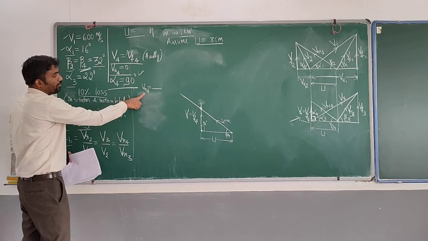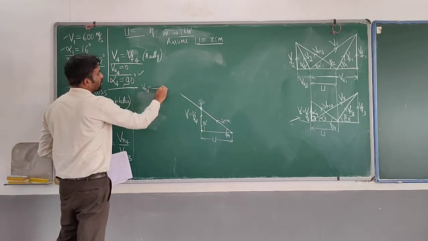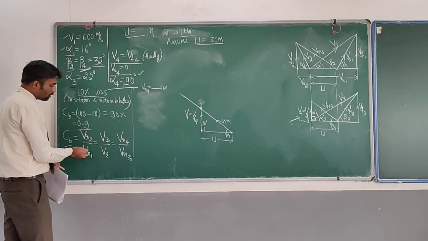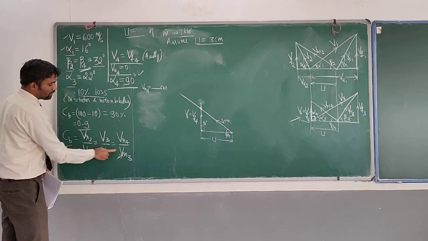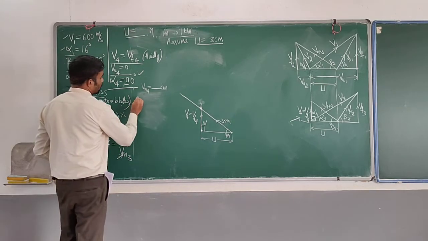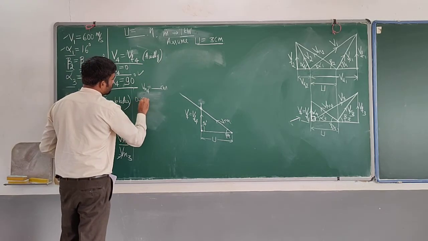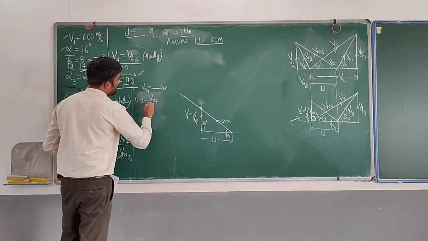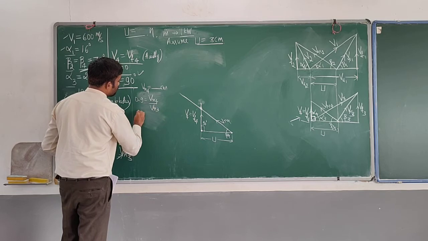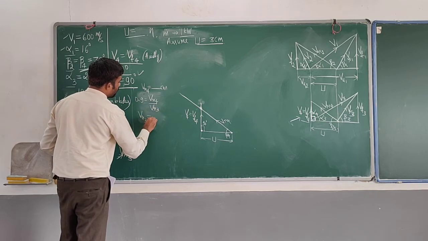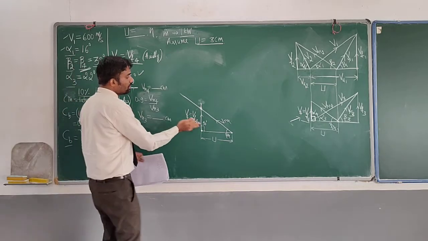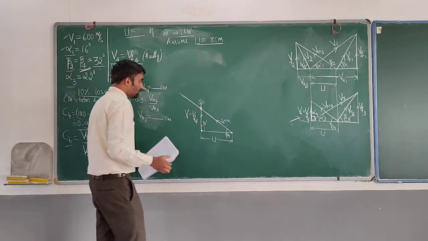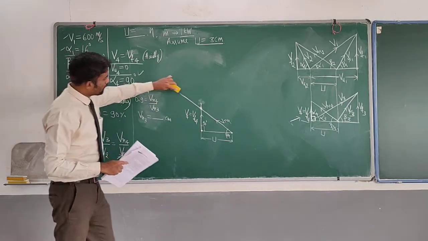Once I get the value of VR4 in centimeters, I can find out VR3 using this relation: 0.9 is equal to VR4 by VR3. So I will get the value of VR3 again in centimeters. Now, this is the outlet stage.